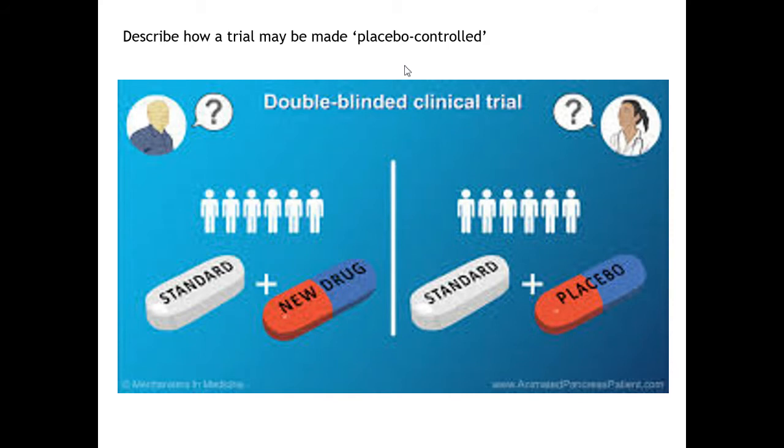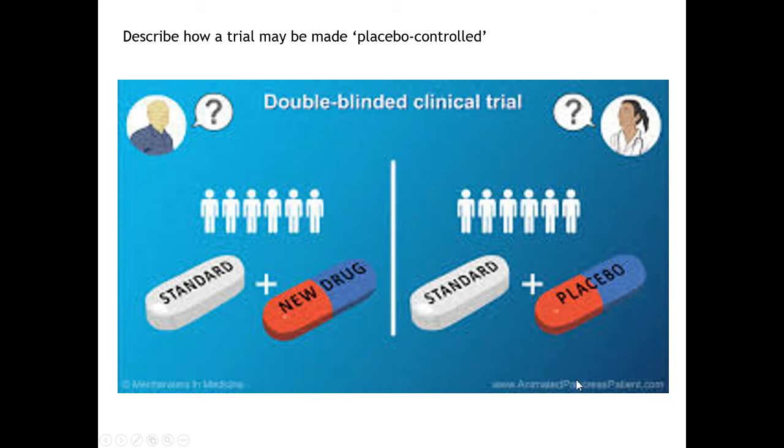So if there is currently an effective treatment for the condition, in these trials you would give the person the standard treatment plus the new drug, or the standard treatment plus the placebo. You can't just give them the new drug or just give them a placebo in case the drug is harmful or does not have any effect.